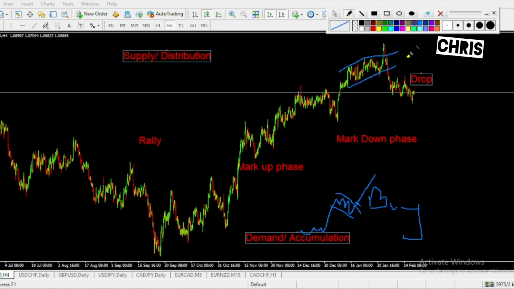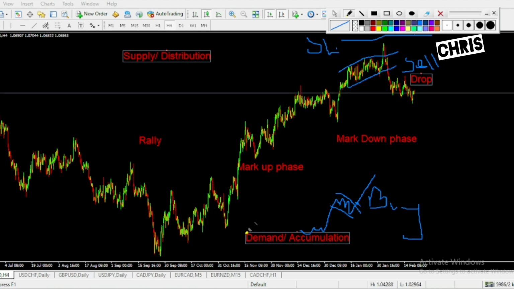And put your stop loss above. This is where the SL is placed, just above the distribution zone. Place your stop loss there. You will be good to go.